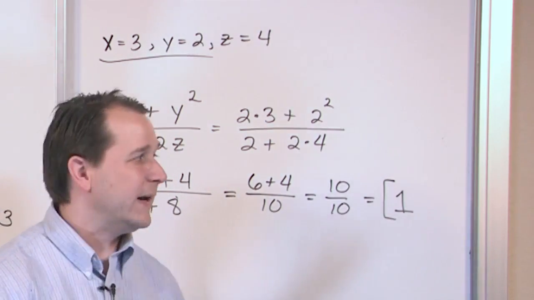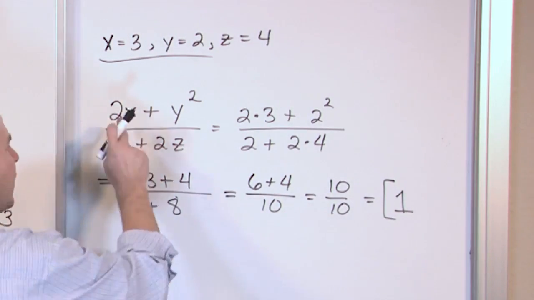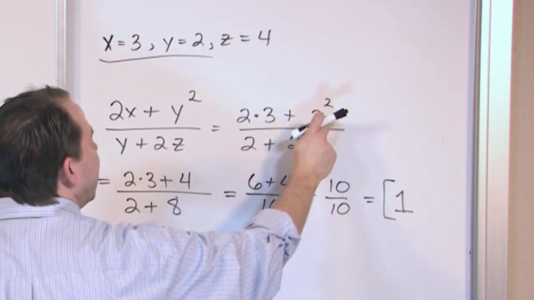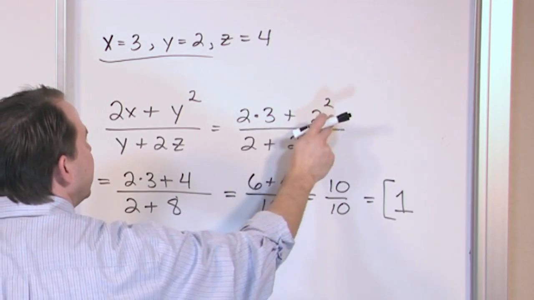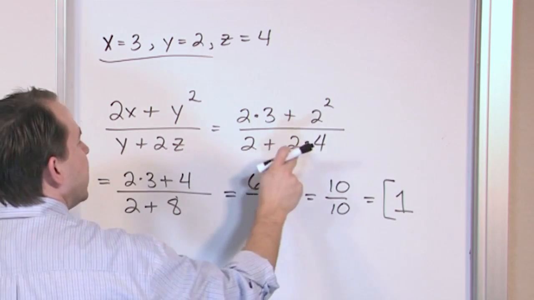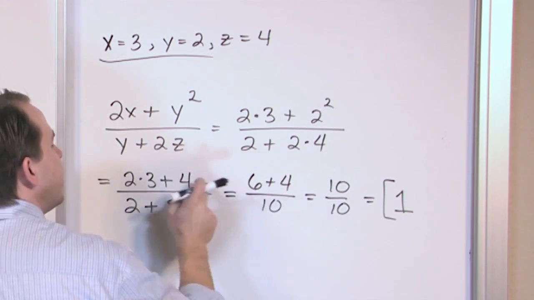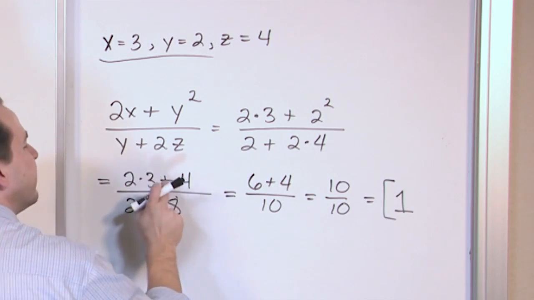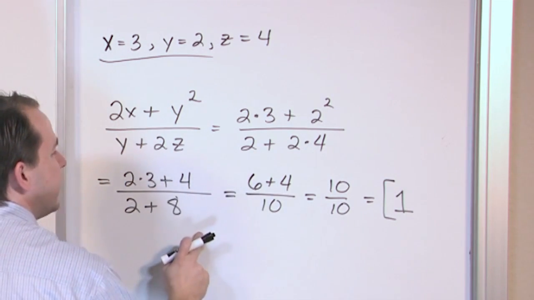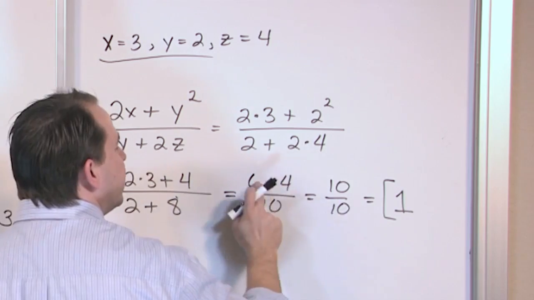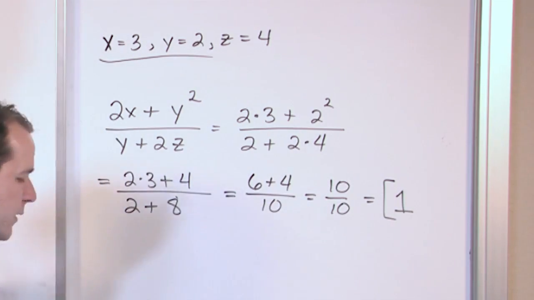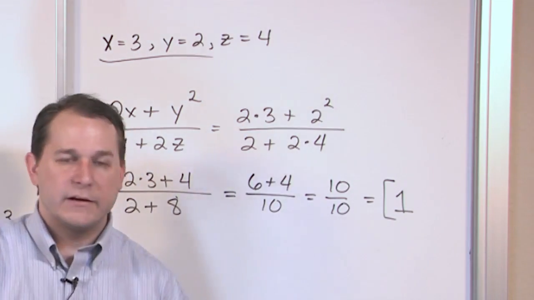That's just the way it is. So once we put everything in here, we realized the exponent was most important on the top, so we did that. On the bottom, the multiplication was more important than the addition, so we did that. Then at the next step, the multiplication was more important than the addition, so we did that. And we did this addition on the bottom, then this addition on the top, and then the division, and so on. So that concludes this section.